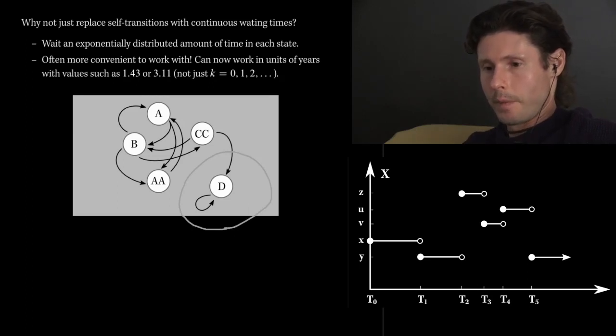But as the benefit of doing all this, we now have something very convenient to work with. We are now modeling arbitrary time lengths, 1.43, 3.11, and so on, for every single state.